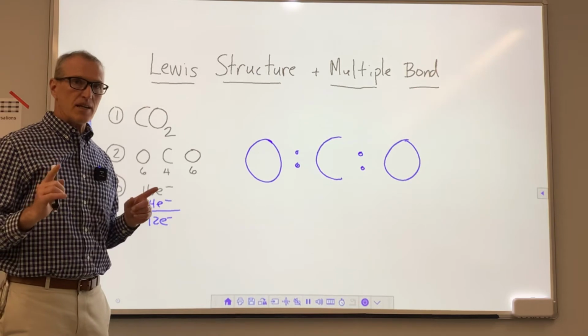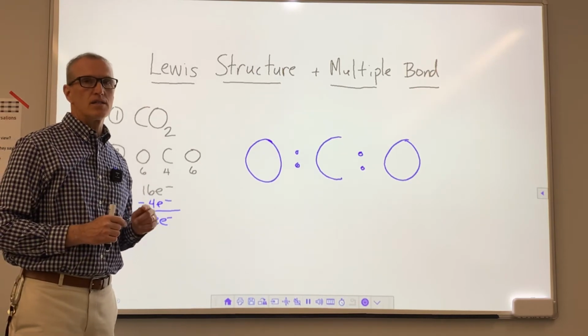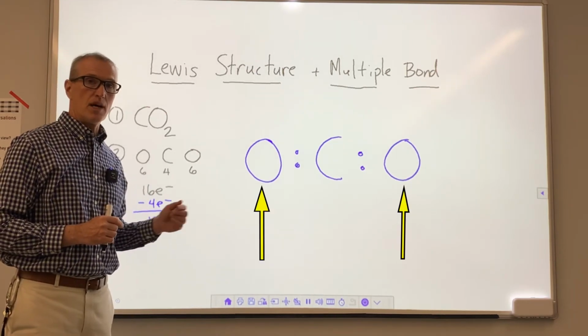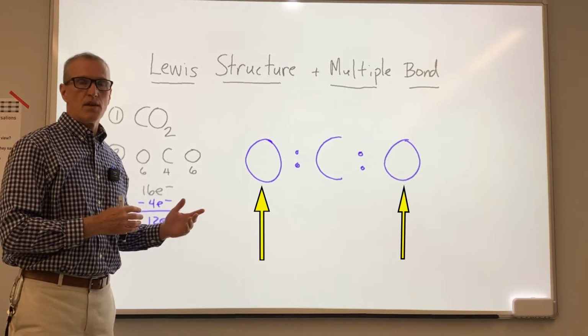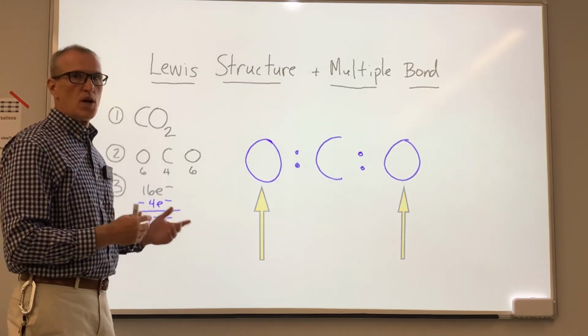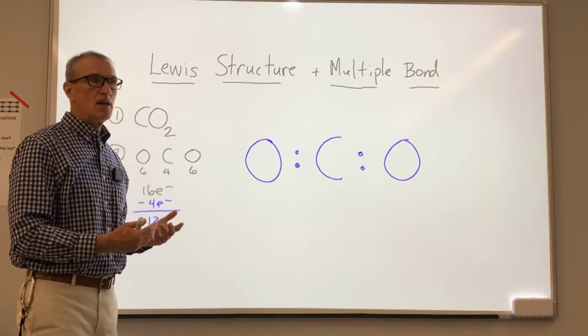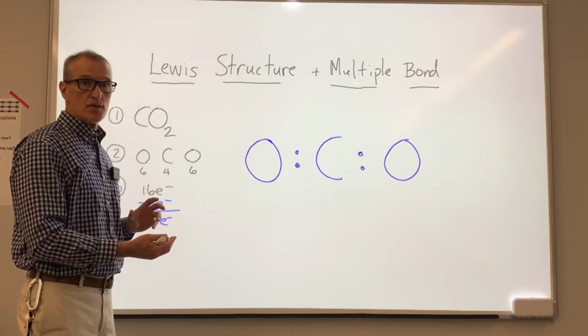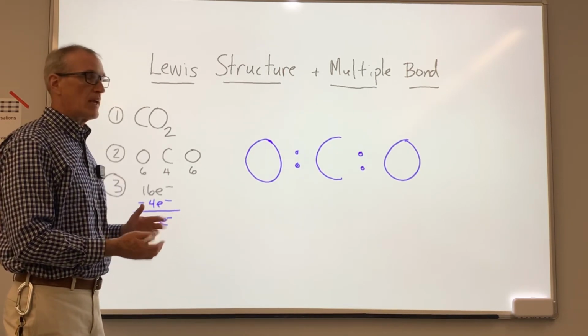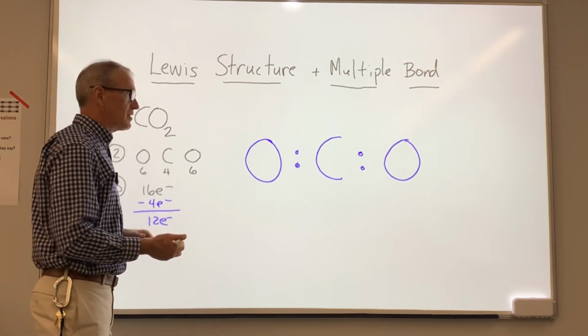The next thing that I do is I look at the non-central atom, which would be the oxygens, and I say I'm going to give the oxygen the noble gas configuration because we know that ultimately that's going to be what oxygen is going to figure out, how to arrange electrons so that it ends up with a noble gas configuration, which would be 8.